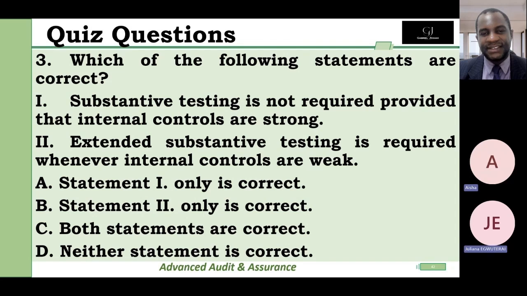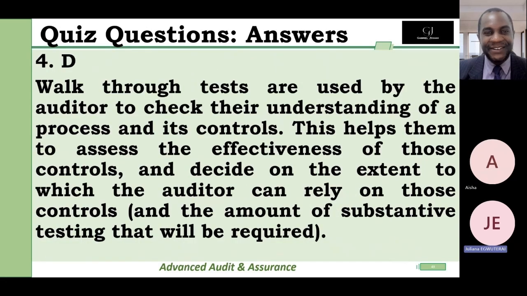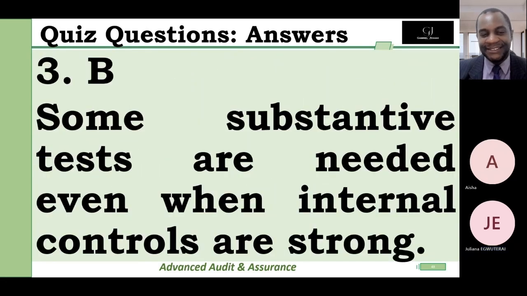Thank you for the giveaway, both of you. So some substantive tests are needed even when internal controls are strong. The answer is B.